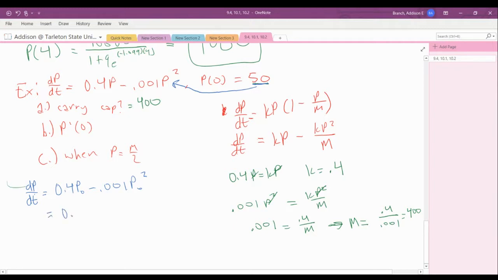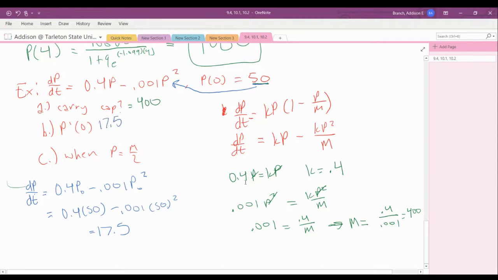So we get 0.4 times 50 minus 0.001 times 50 squared, and this is going to come out to 17.5 once you plug that into a calculator.